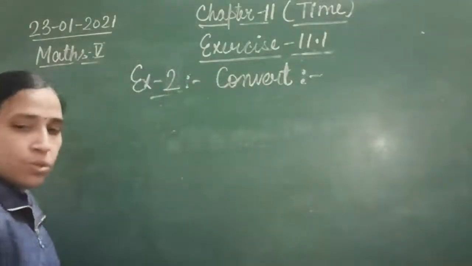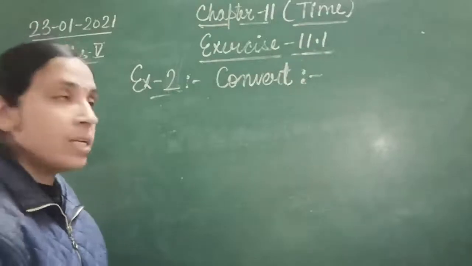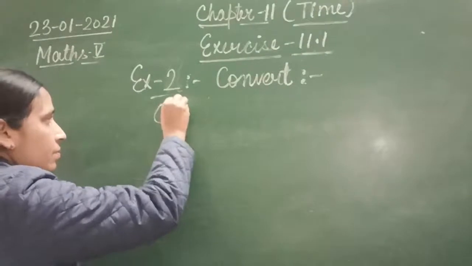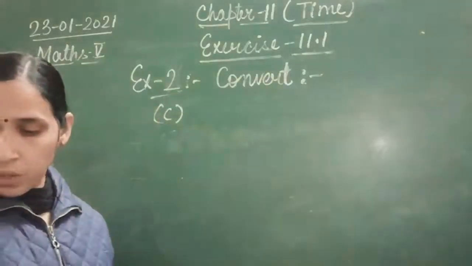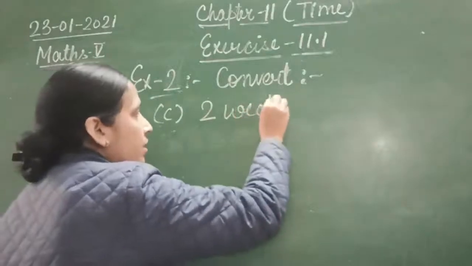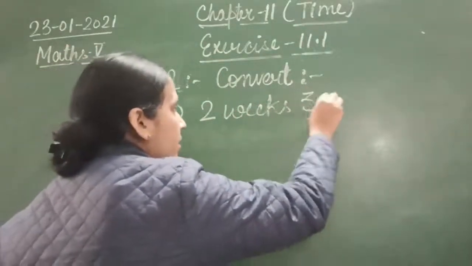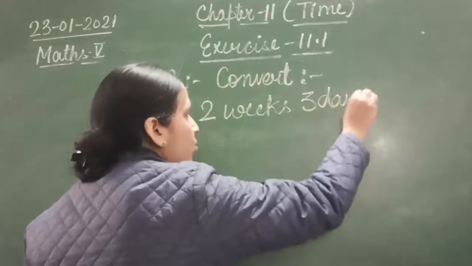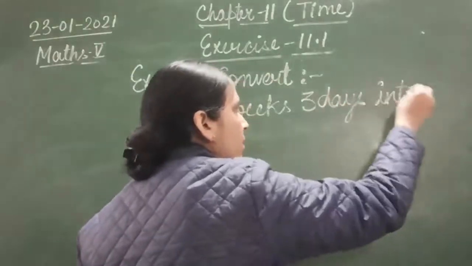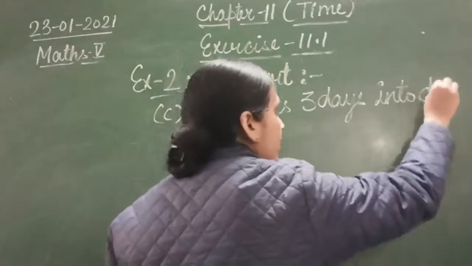So what are we going to do? 1 week is equal to 7 days. What is the C part here? 2 weeks 3 days into days, which means you have to convert it into days.